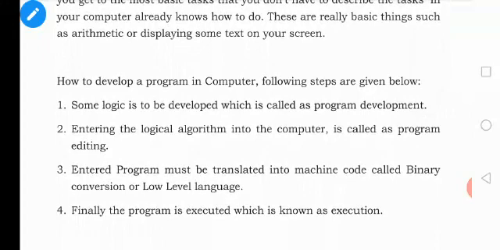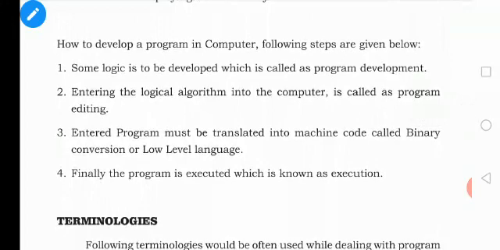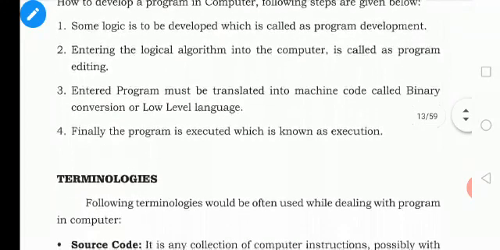Some logic is to be developed, which is called program development. Entering the logical algorithm into the computer is called program editing. Then binary conversion: even when the program is written, it should be converted to the computer language, isn't it? So the third point is the program will be translated into machine code. Then finally the program is executed, which is known as execution.